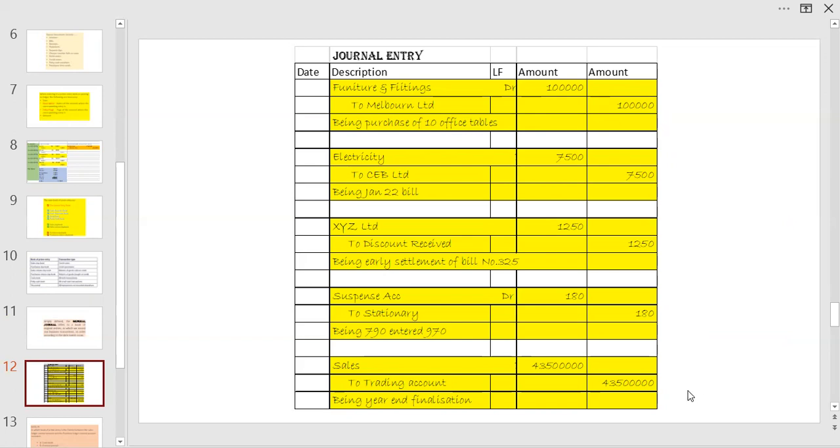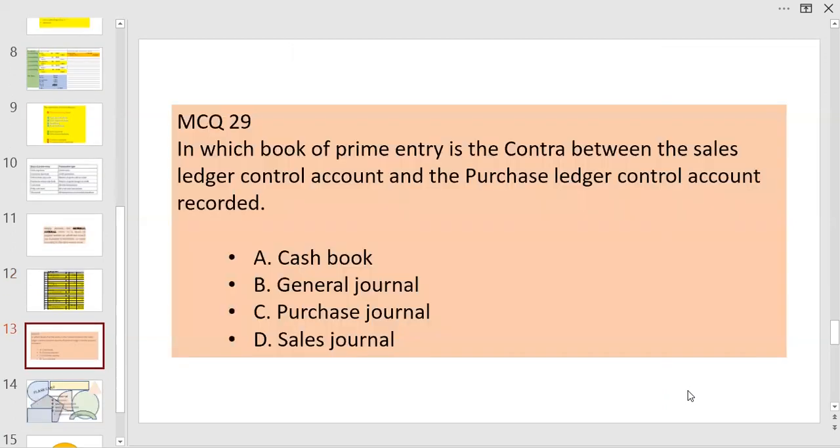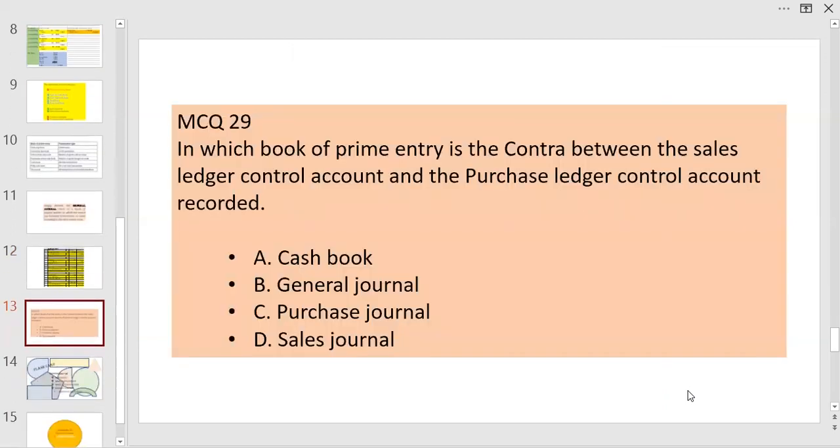Now let's move on to the question. Okay, a debtor who purchases things from us will appear in the sales ledger control account. Say for an example, if the same person or the same concern is selling goods to us, then he will have an account in the purchase ledger control as well, in 2 places.